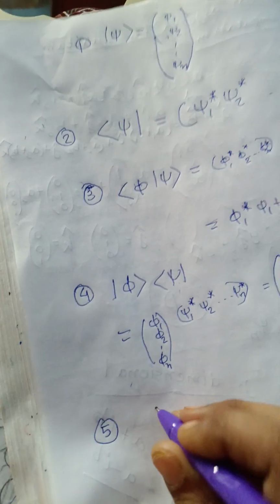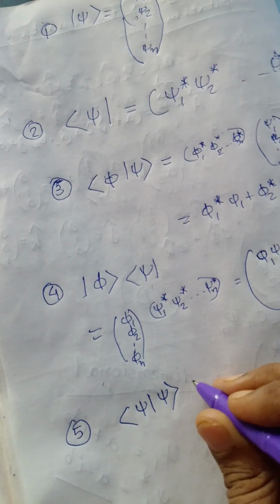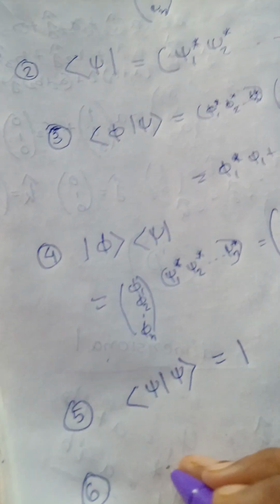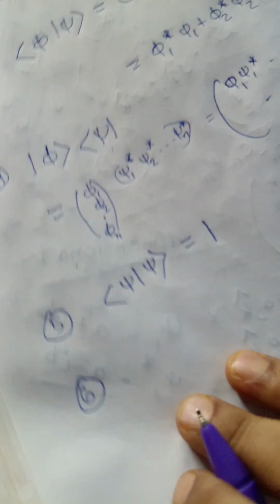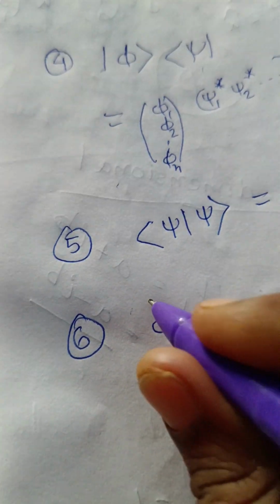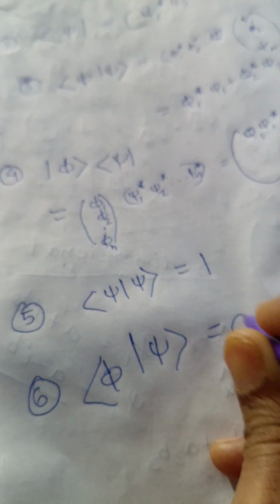The fifth point is the normalization condition, which tells that the inner product of psi with psi is 1, and the sixth is the orthogonality condition. If two states phi and psi are orthogonal, then the inner product of phi and psi will be equal to 0. So these are the 6 points in short.